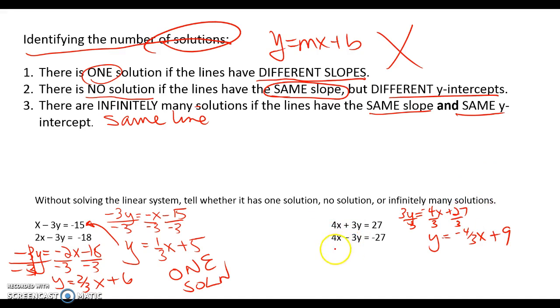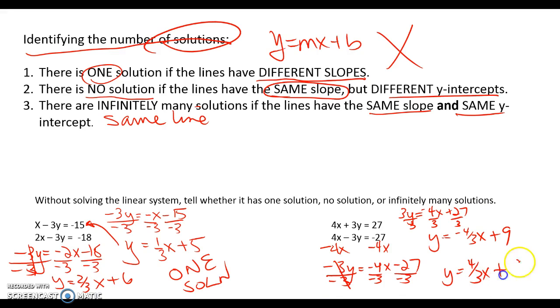And over here, I'm going to subtract the 4x over. -3y equals -4x minus 27. Divide by -3 now. So y equals 4/3 x plus 9. Well, the slopes are different here, right? So one solution.